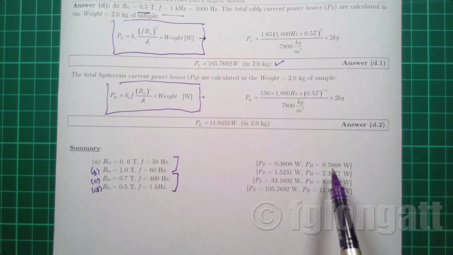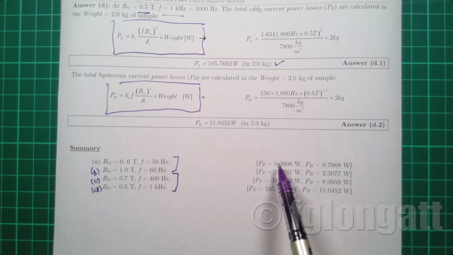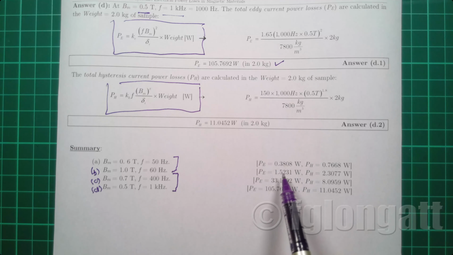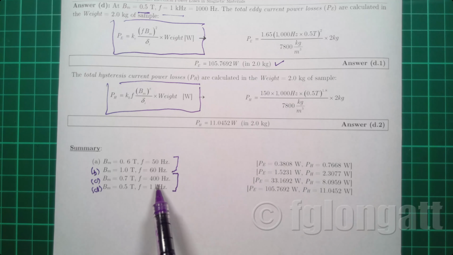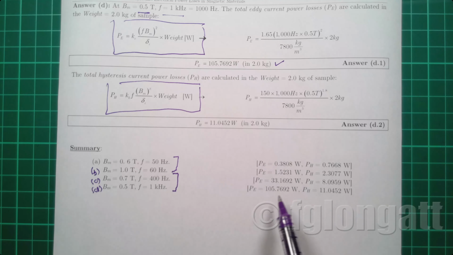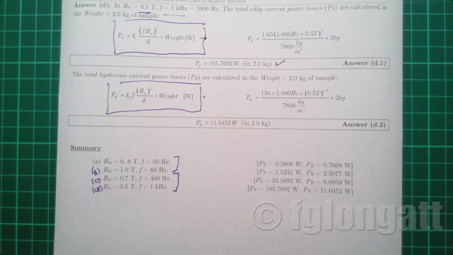But here we have the frequency for 400 to 1000 hertz. So if you look over here, case A and B, you can see that the hysteresis losses are higher than the eddy currents. However, when we go to higher frequencies, for instance, 400 hertz or 1 kilohertz, I believe it's clear to all my students that now eddy current losses are higher compared with the hysteresis losses.